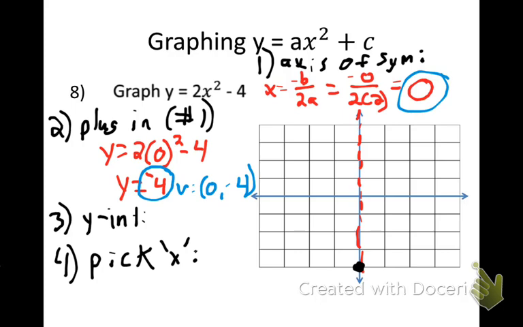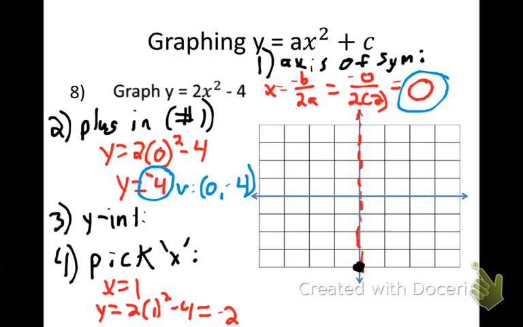What would be the best value to choose? 1. Let's pick x equals 1. Sounds like a great idea. If I plug x equals 1 in, I get y equals 2 times 1 squared minus 4. 1 squared is 1. 1 times 2 is 2. 2 minus 4 is negative 2.